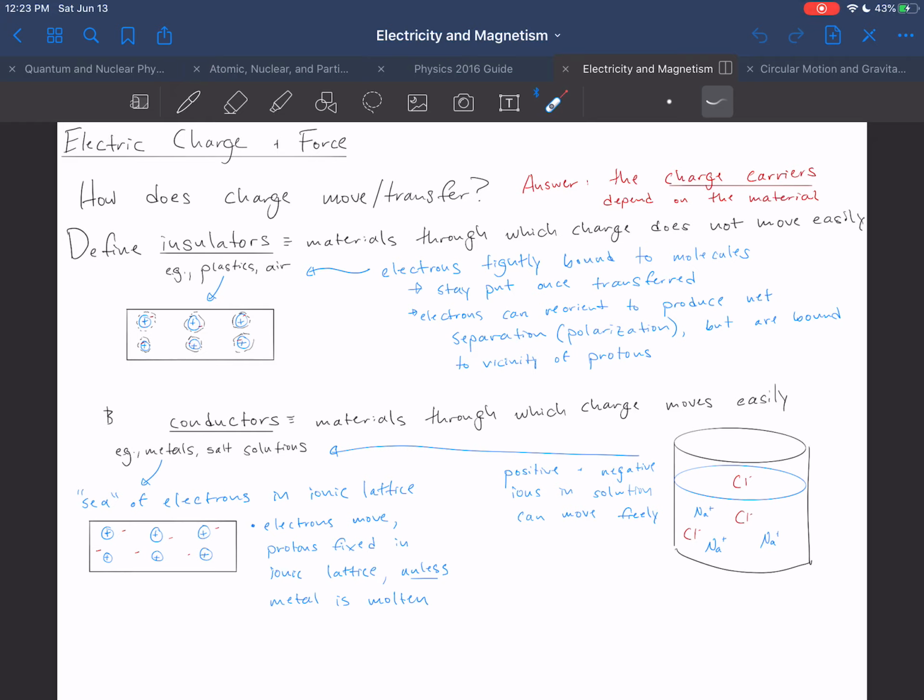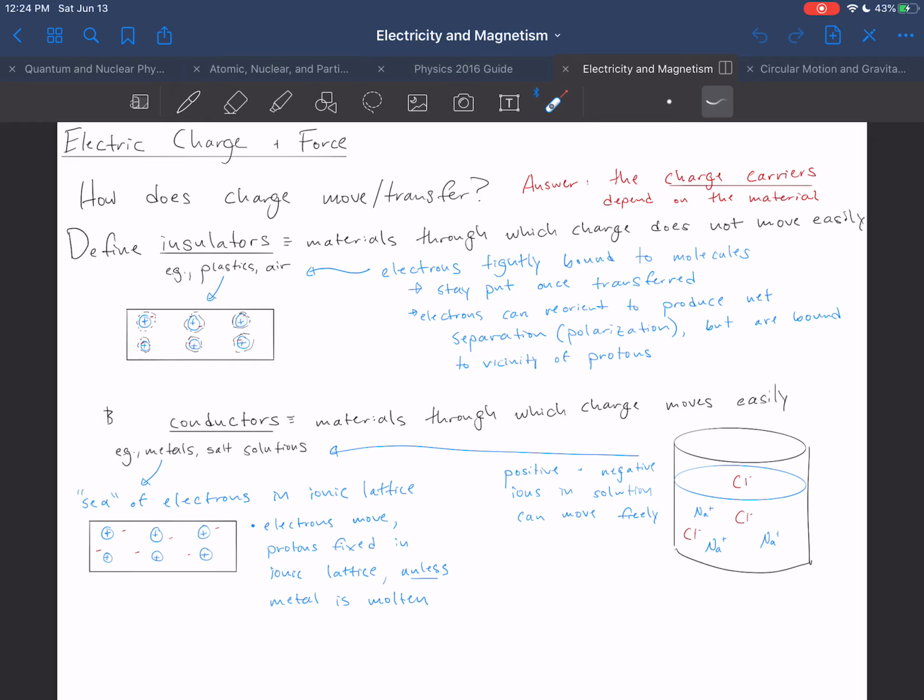It's important to note that insulators and conductors are really a spectrum, and a pretty broad one at that. So people, for example, are conductors compared to plastics. We're much better conductors than a piece of plastic, or air for that matter.